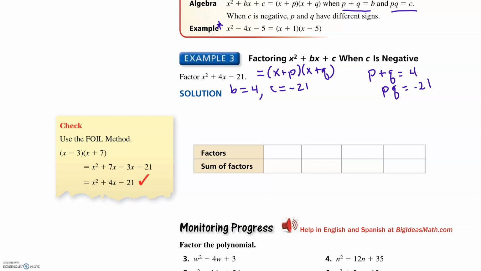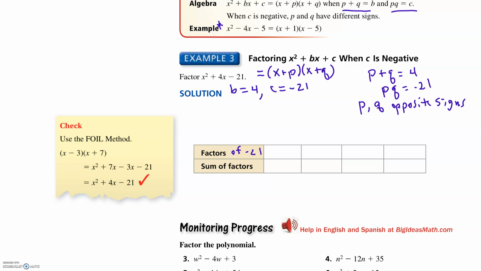So, like we said, p and q have to be opposite signs. One's positive, one's negative. They have to have opposite or different signs. Okay? So I'm going to start with factors of negative 21.